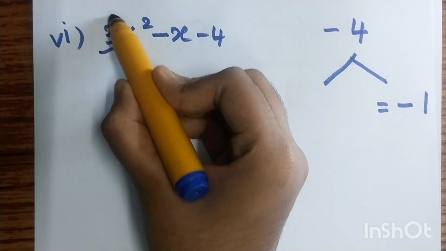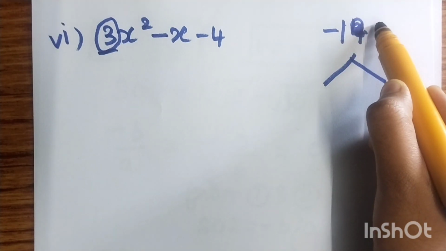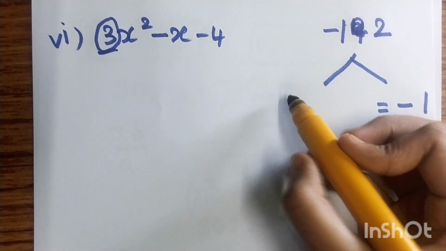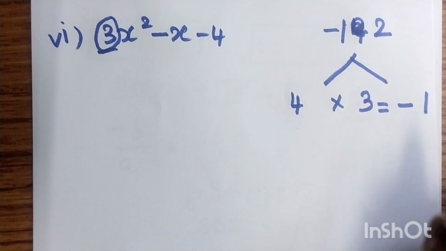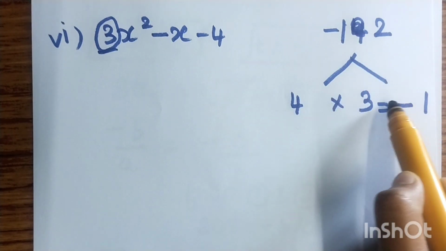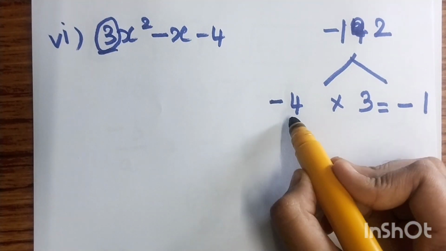Here 3 is there, so you'll be getting 12. I'm sorry, it's minus 12. And minus 1 is the sum, so I can express it as 4 into 3. Here minus 12 and here minus 1. The greater number should have the minus sign, so minus 4, and I have to divide it by 3.